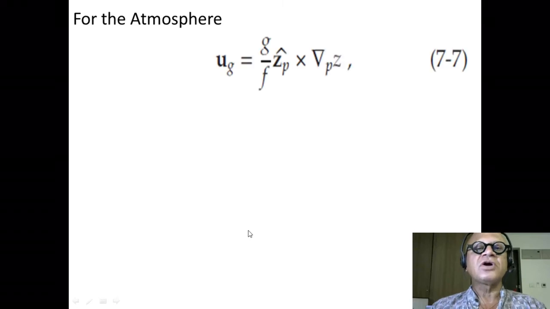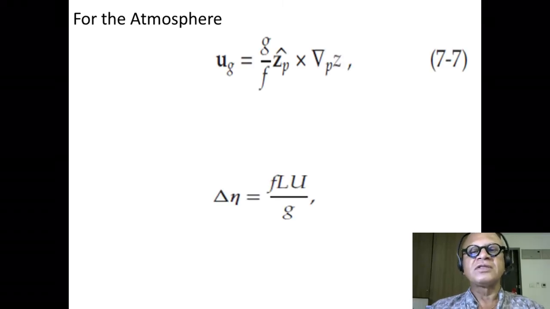What happens below the surface? The atmospheric equivalent of that, of course, is u geostrophic equals g over f, z hat cross grad p on z, where we finally got rid of rho and used the pressure coordinates and derived an expression that is normal to the unit vector that's normal to the pressure surface, with height contours on pressure surfaces.